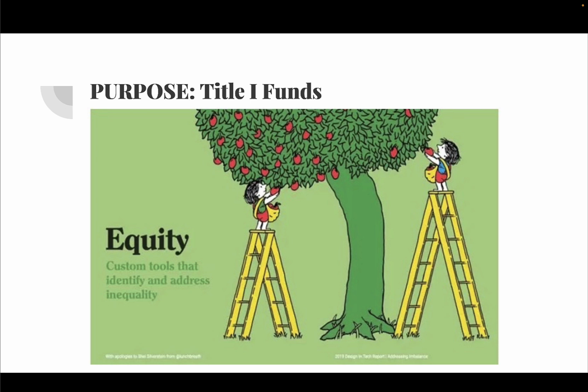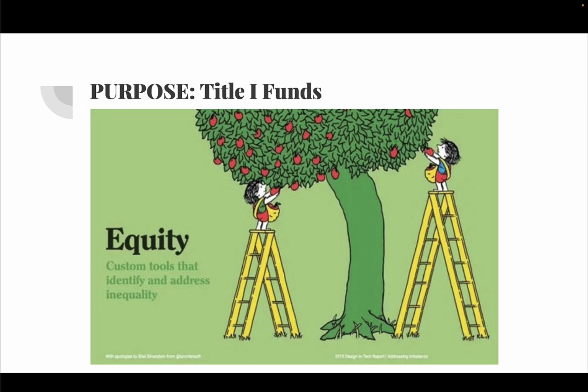So if you look at the visual here, we can see that this image taken from Shel Silverstein's The Giving Tree, there's one side of the tree that is heavily laden with fruit and opportunity, whereas another side of the tree doesn't have as much fruit, and it's a little bit harder for that child.